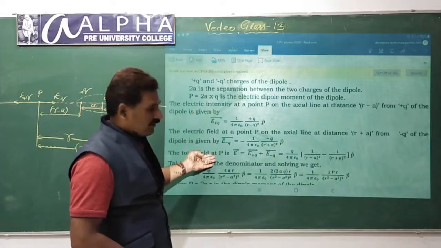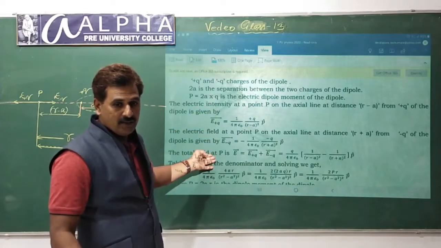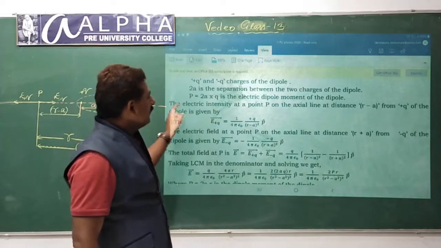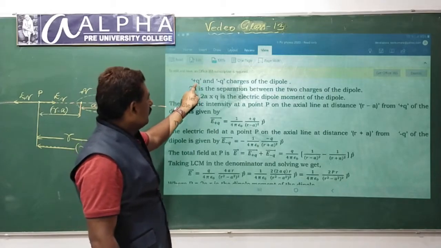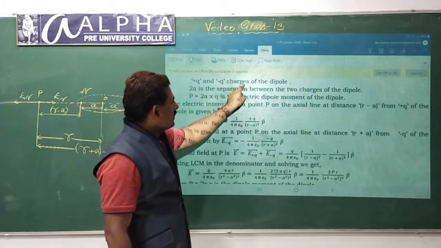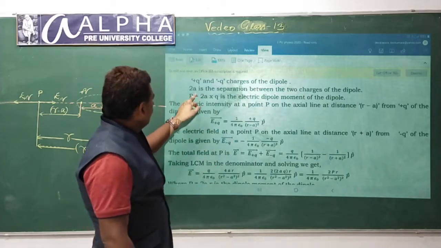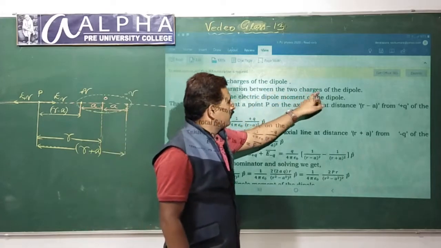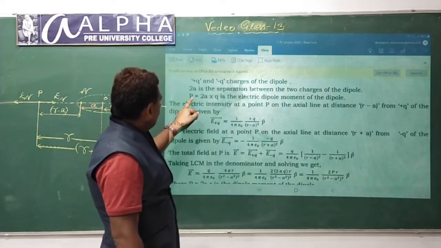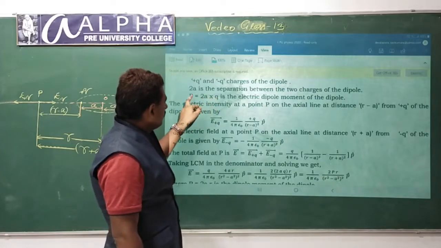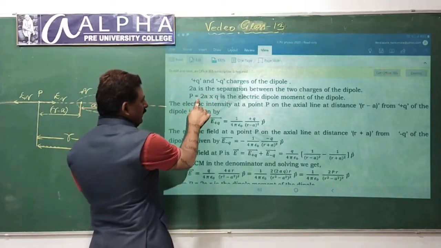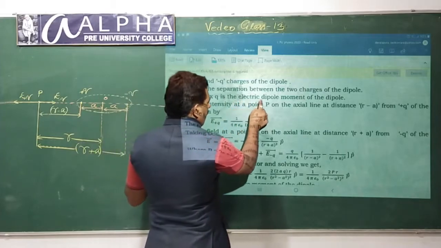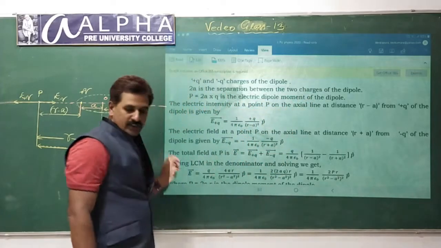After writing this diagram, explain like this. This is what you have in your study material, right? Just open the study material and see. You give an explanation like this. Plus Q and minus Q are charges of the dipole. 2A is the separation between the two charges of the dipole. P equals 2AQ, this is the magnitude, the electric dipole moment of the dipole.